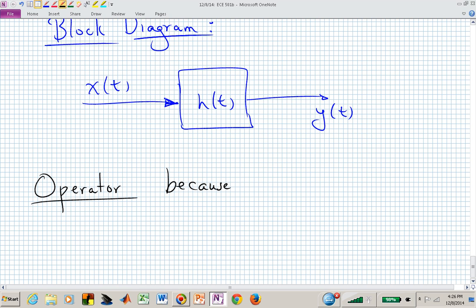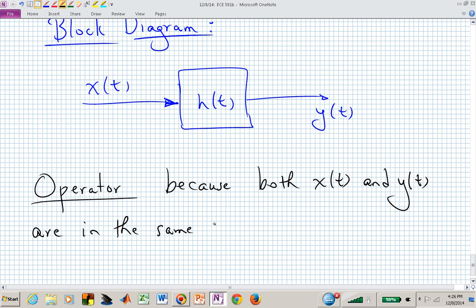It takes a vector and returns the output back into the original space that we started in. So this is an operator because both x of t and y of t are in the same space.